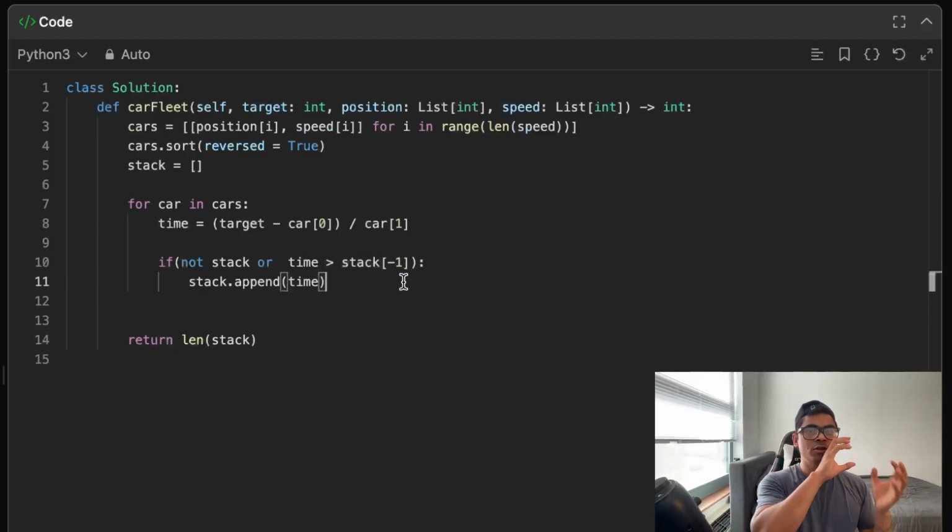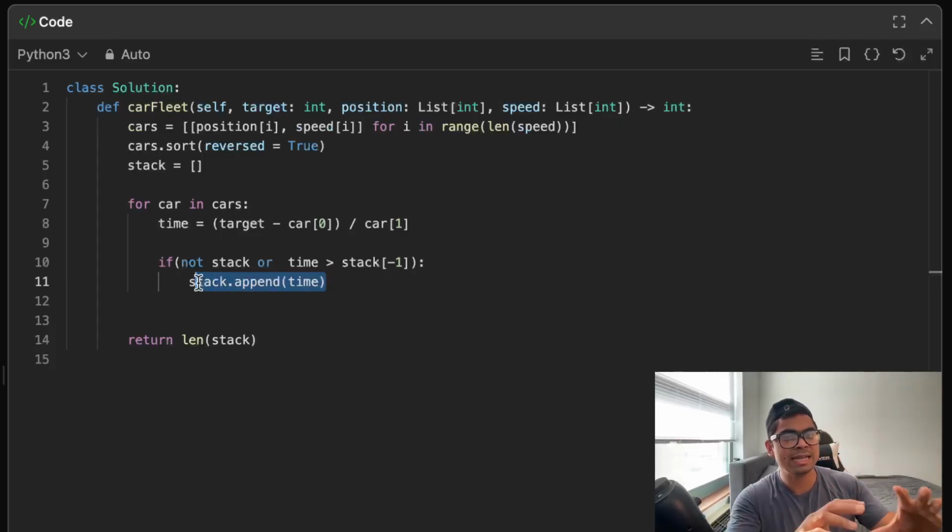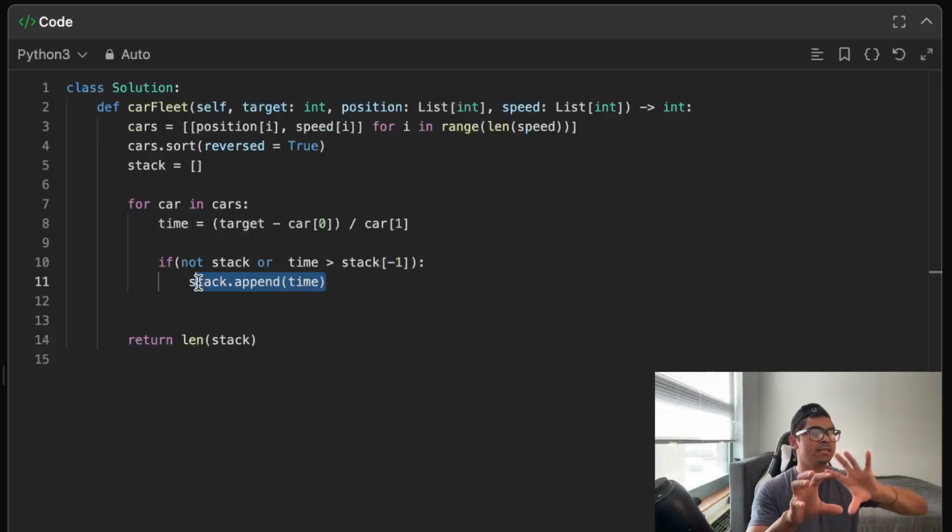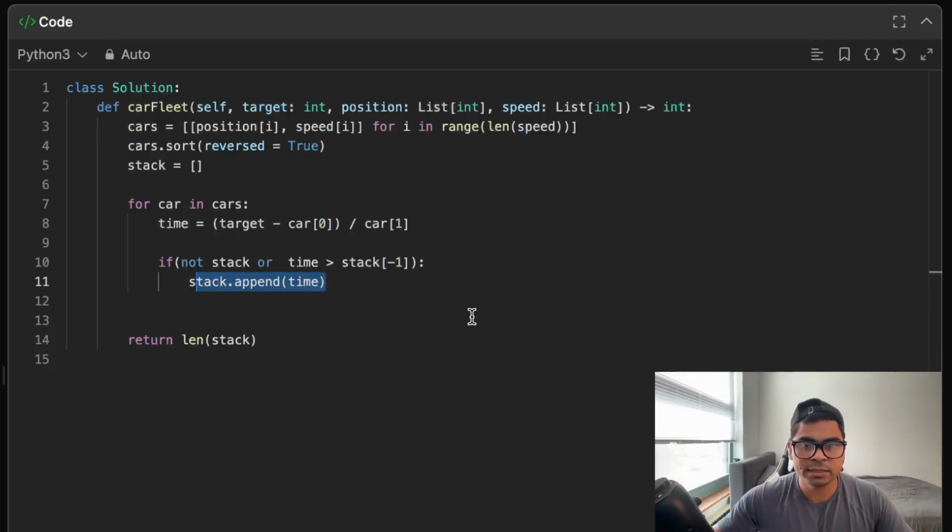So that means the top of the stack car has already arrived, and this is in the way. So we have to append this time on the stack, on our track, so that we know how many cars are coming behind it, because this will create its own fleet. This is its own fleet, right? I think this makes sense. We have understood the conceptual part really well.